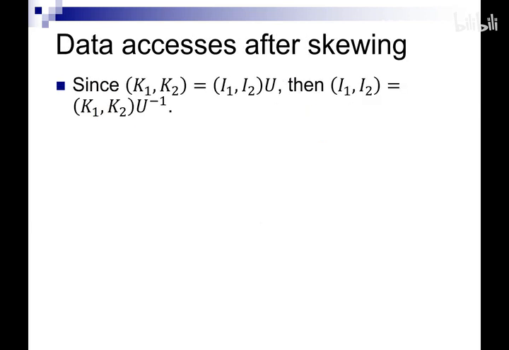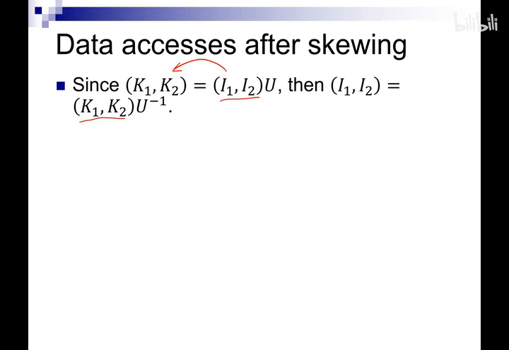Now something else we have to figure out: once you go to these k iterations, what data is actually being accessed in the k iterations? When you have these I iterations, you map them to the k iterations via this U matrix. You can multiply by the inverse of this, and then for a k iteration, you find which I iteration it corresponds to.